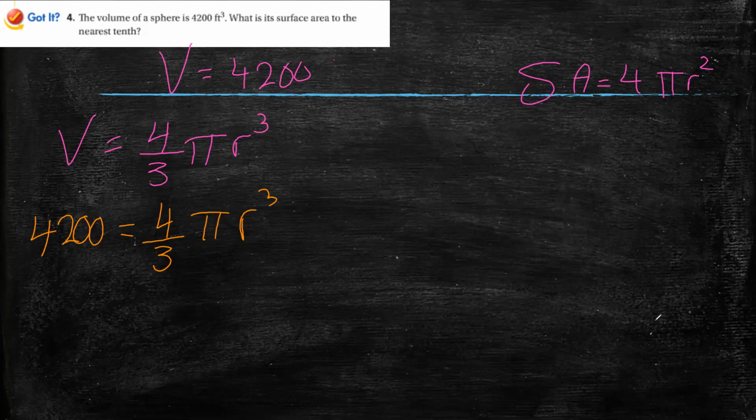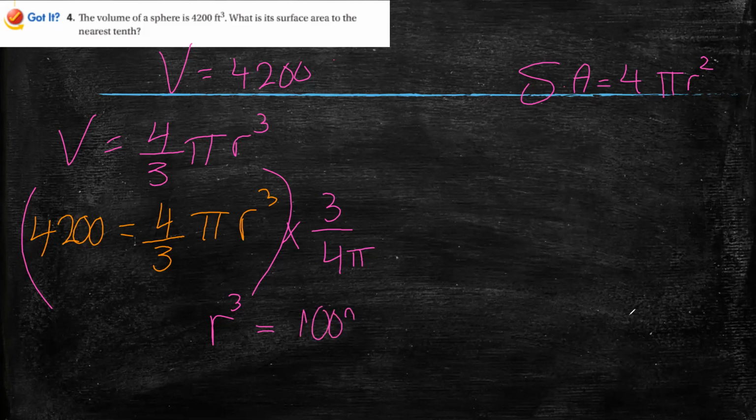To find the radius here, let's multiply by 3 over 4 pi. So r cubed will be 4,200 times 3 over 4 pi. It will be 1,002.7. So the cubic root of this answer means the radius is approximately 10. So the radius of this sphere is 10 feet.